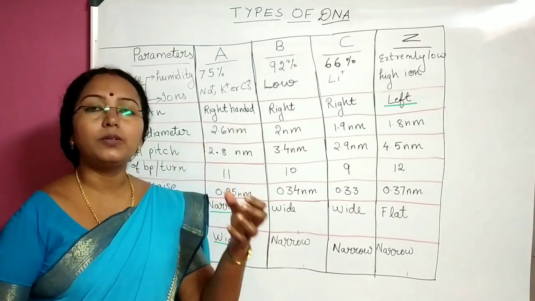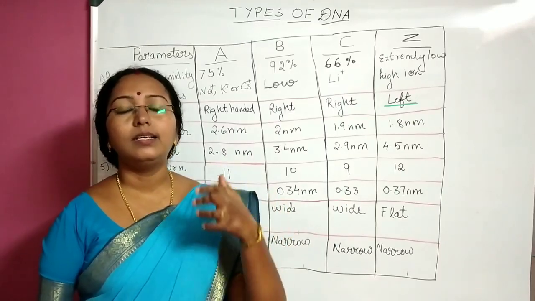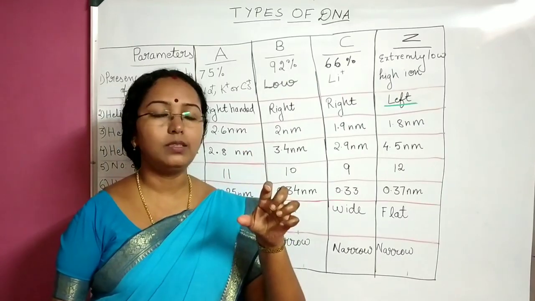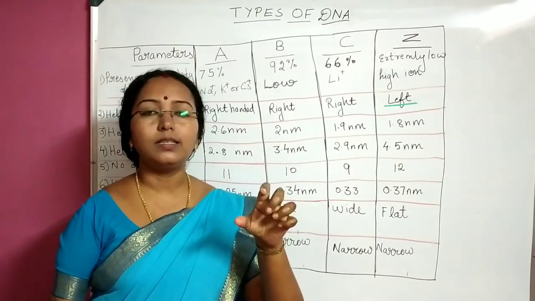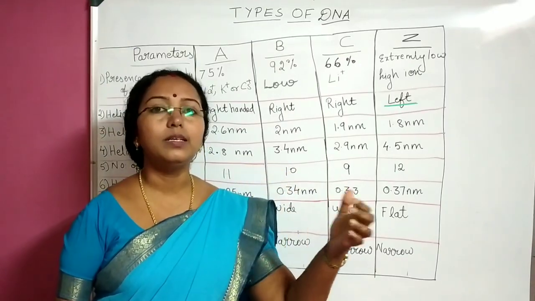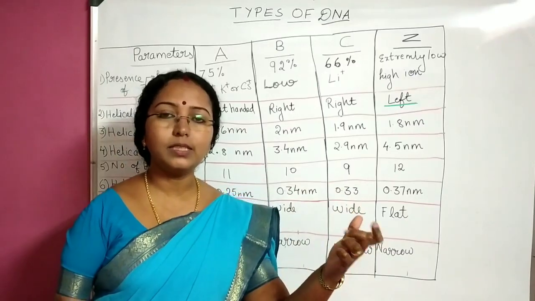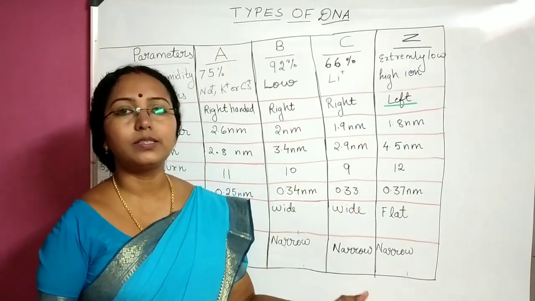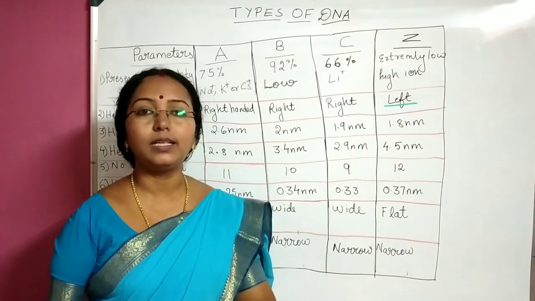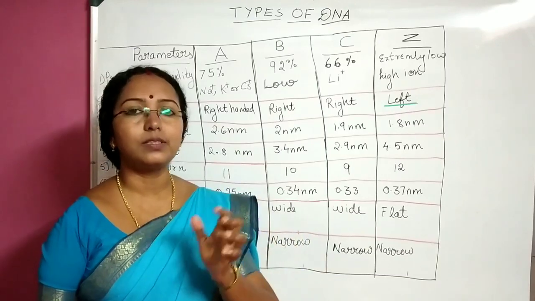We have learned about the major groove, the minor groove, the pitch, the helix, the radius of the helix, the distance within a turn, the distance between 2 base pairs. So many concepts we learned in the previous session. It will be better if you refer to the previous session and then look into this session so that you will get a clear understanding of what the structure of actual DNA is. And after that, if you look into this one, you will clearly understand the differences.